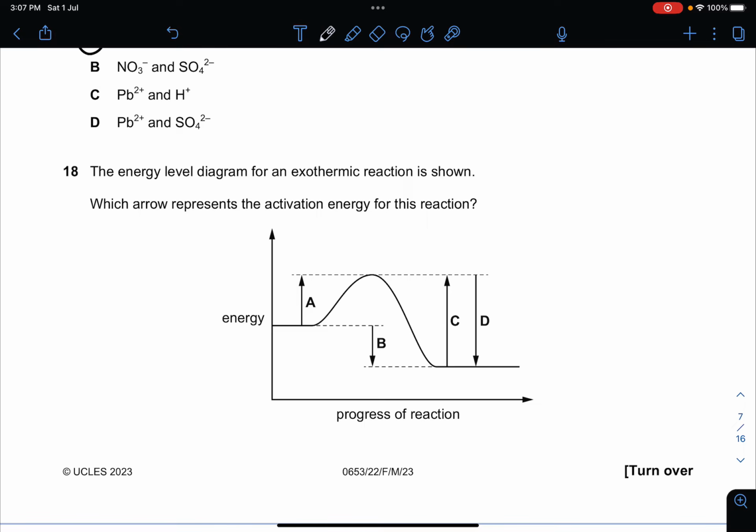Activation energy is usually the one that goes up. Okay, so the answer for this would be A. Basically when it touches the peak, usually from the reactants.